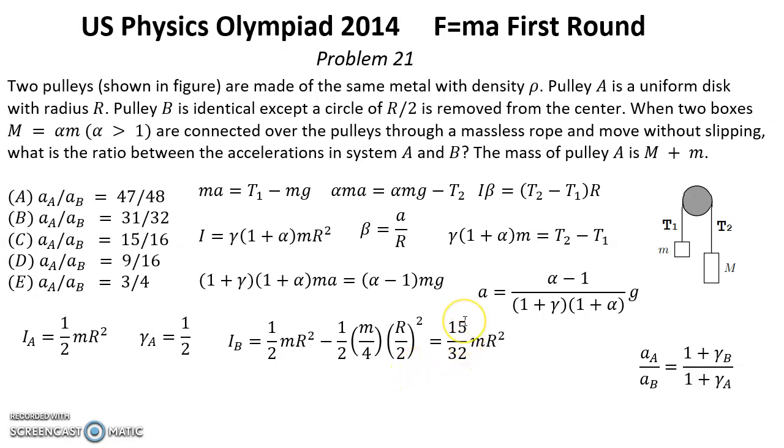Finally we have gamma B equal 15 over 32. And after all calculations we have the relation between the accelerations: 47 over 48.